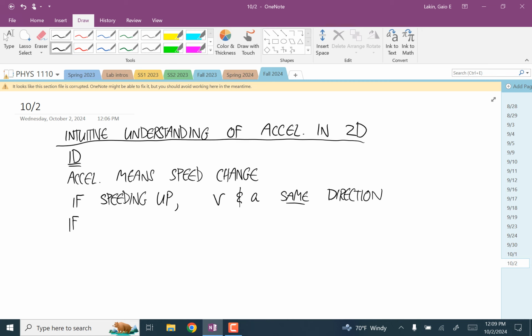And if the object is slowing down, the velocity and the acceleration are in opposite directions.